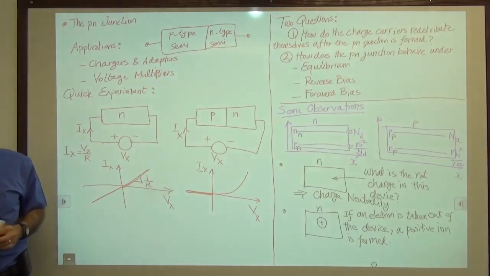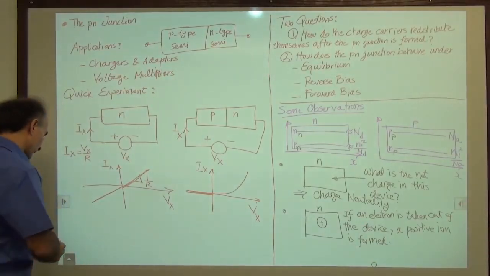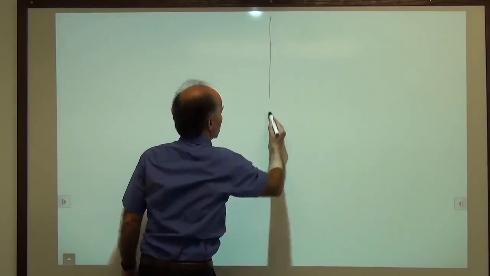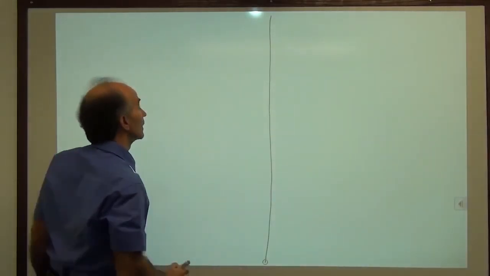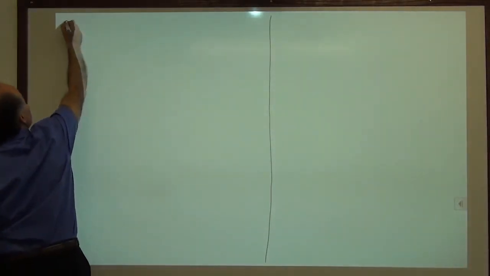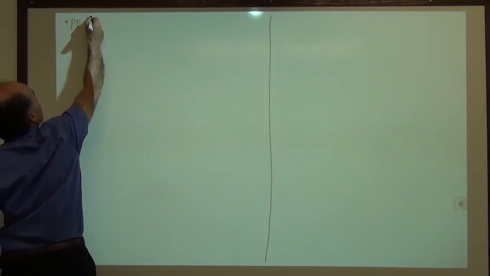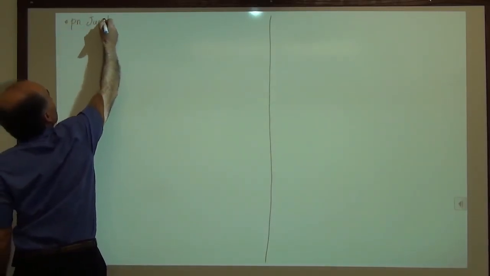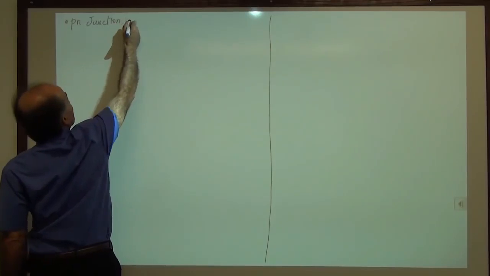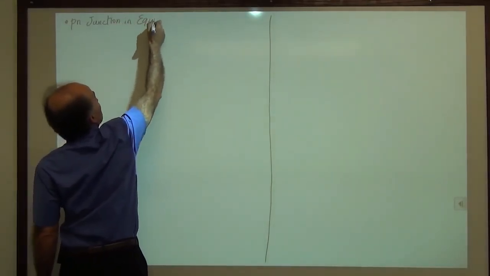Very well. Now, with these, I think we are ready to embark upon our first study of the PN junction. So let me add one more page. All right. Okay, so what we will study now is the PN junction in equilibrium.